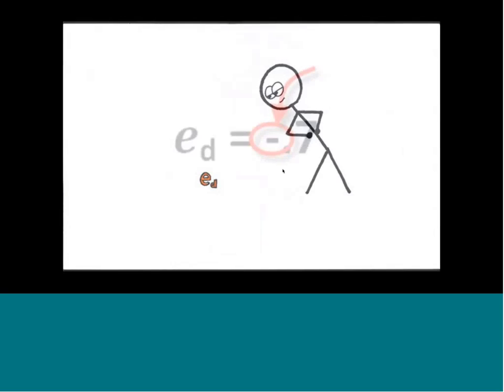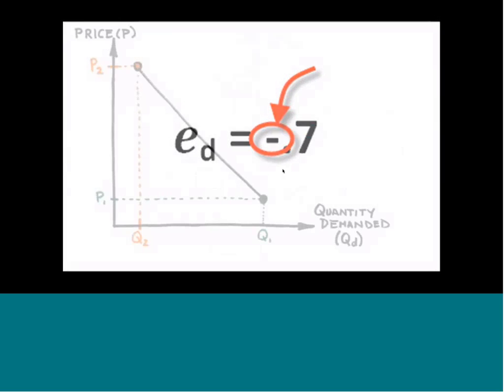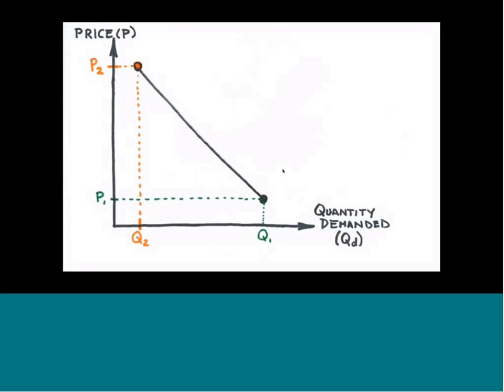The fact that the number is negative only signifies that demand is a negative or inverse relationship between price and quantity demanded. So if I care about the size of the elasticity number rather than its sign, let's make things easier and just look at the absolute value, or the size only, of elasticity of demand. In this example, the absolute value of the elasticity of demand is 0.7.